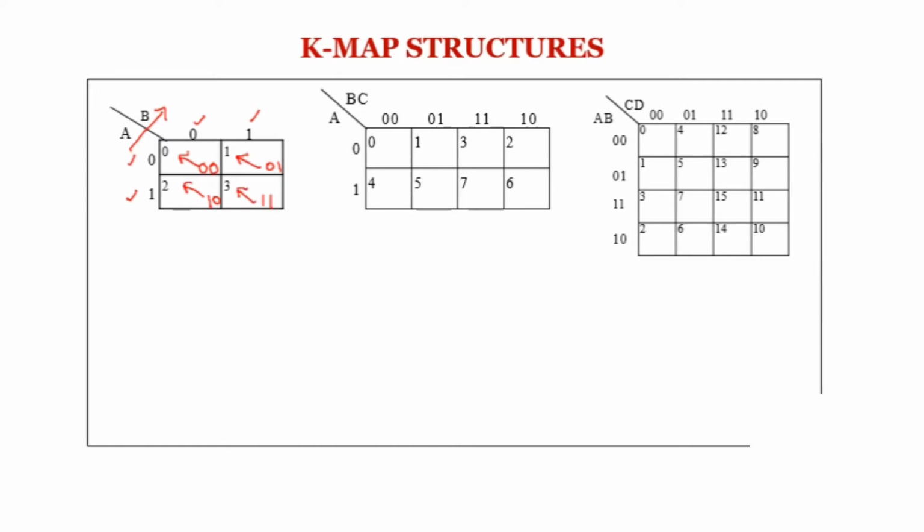And similarly you can prepare the K-map structure for 3 variables. In 3 variables A, B, C, you can check that these cell numbers are assigned using these binary values. So from A I am having this 0, and from BC I am having this 11. So this 011 actually becomes your 3.